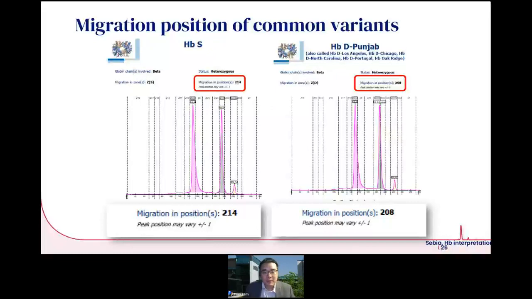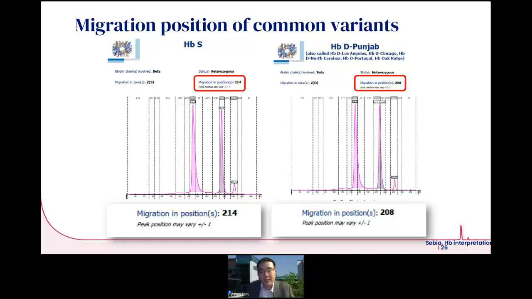Some examples would be for hemoglobin S. Even though hemoglobin S and hemoglobin D Punjab are present very closely, of course, they present themselves as different zones in the electrophoresis software. But if you place your cursor at the top of the peak, they give you specifically a different position.